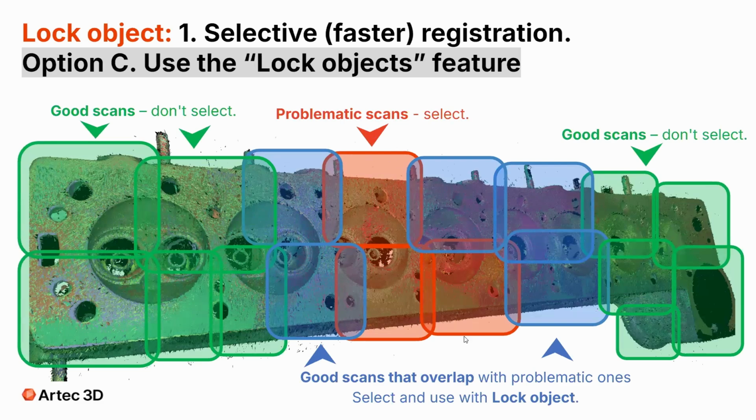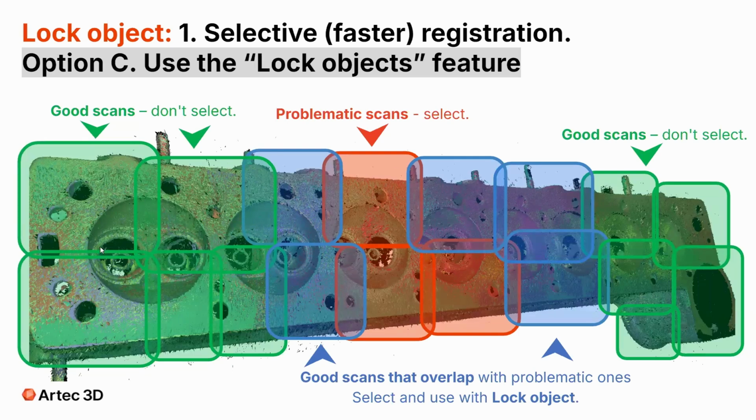First, we identified these problematic scans, shown here in red. These are the only ones that actually need recalculating. Next, select the good scans that directly overlap them, shown in blue. You must apply lock object to these blue scans, so they act as immovable anchors.